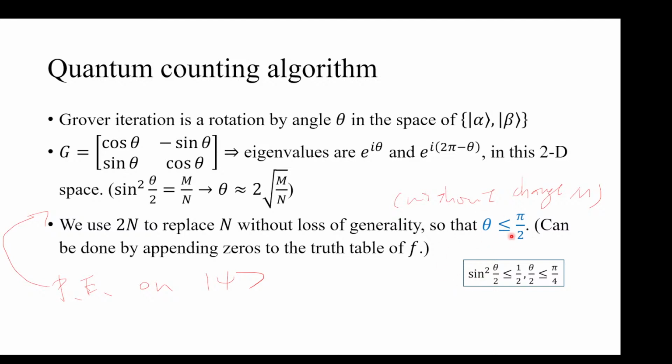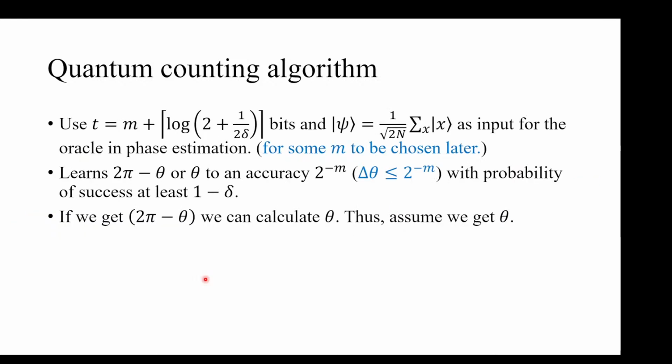Okay, and then phase estimation. Then we have the state that we want to phase estimate on, which is like the eigenstate, and then we need to pick our t, and so we pick t equal to m plus log 1 over delta. As we said before, psi is a superposition, as the input for our phase estimation.